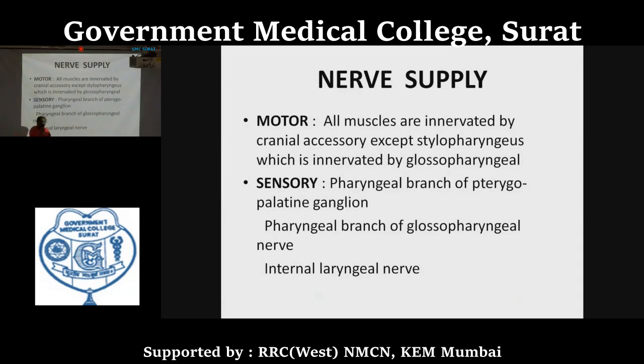The nasopharynx is supplied by the pharyngeal branch of the pterygopalatine ganglion. The oropharynx receives the sensory supply from the pharyngeal branch of the glossopharyngeal nerve, and the laryngopharynx is supplied by the internal laryngeal nerve.